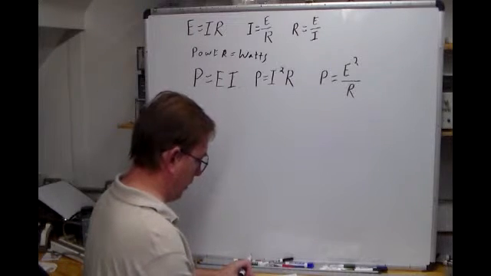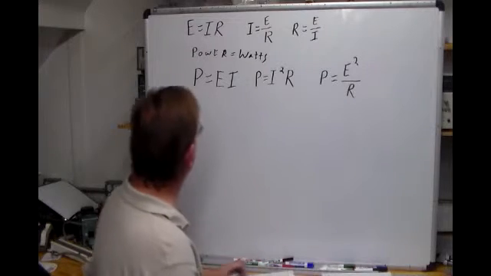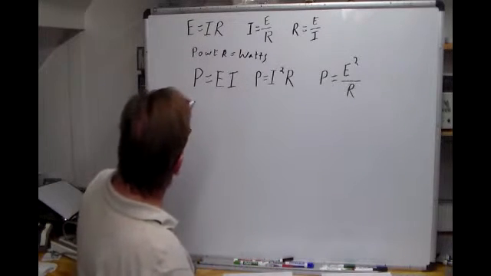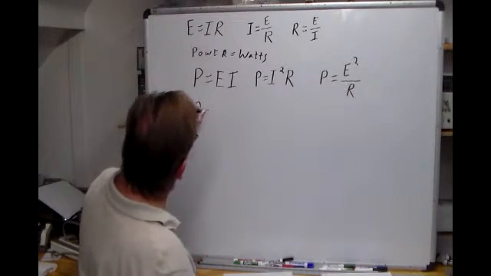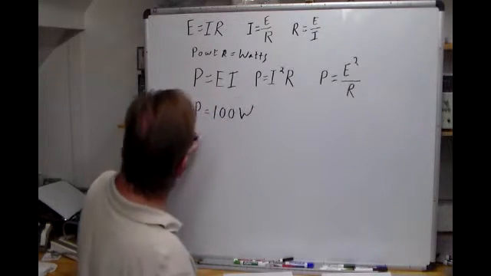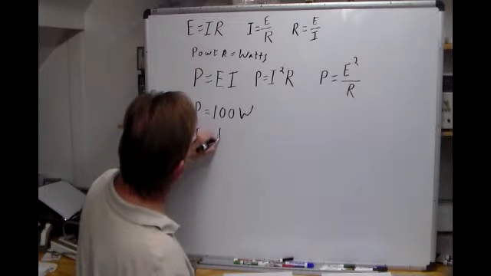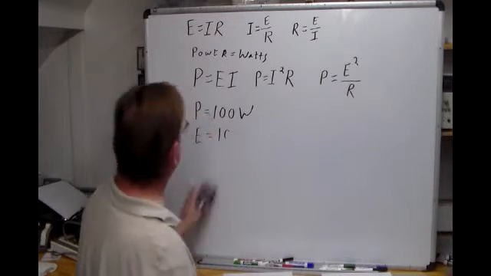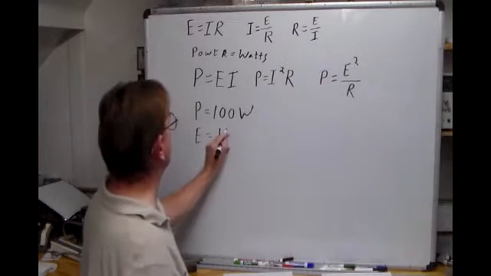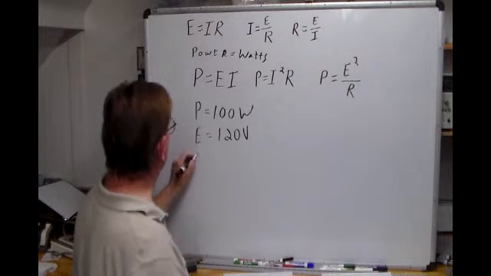So let's talk about the 100-watt light bulb. What we know: the power equals 100 watts. The voltage equals 120 volts. So what is the current?